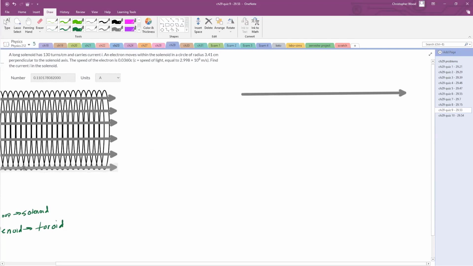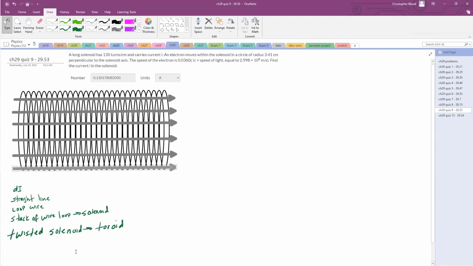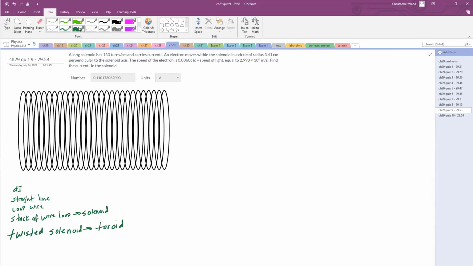So rather than keep drawing these magnetic field lines, I'm just going to aggregate them and represent them with a representative magnetic field line that looks like this. All of those magnetic field lines produce this magnetic field vector. This is magnetic field vector B.